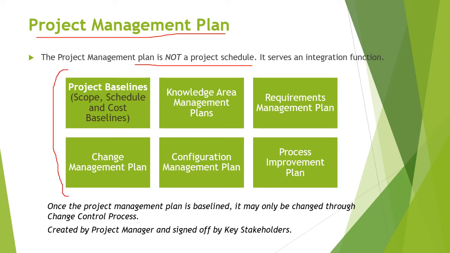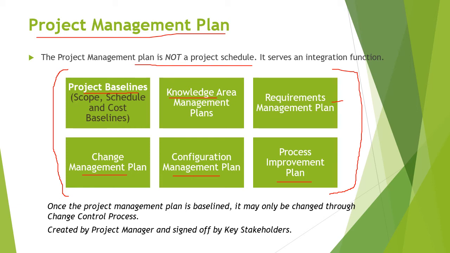It includes the project baselines: scope, schedule, and cost baselines. It includes all the knowledge area management plans, requirement management plans, change management plan, configuration management plan, and process improvement plan. Anyway, we are going to learn about all these subsidiary plans in our further modules. So as a whole, the project management plan contains and talks about all of these things, right?